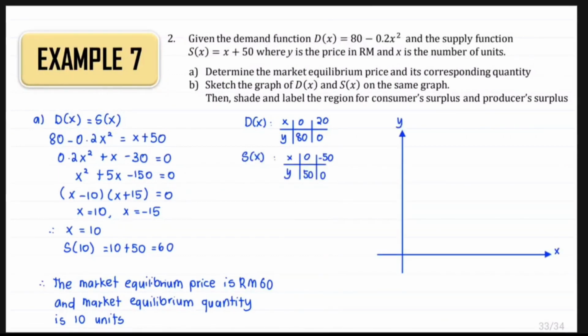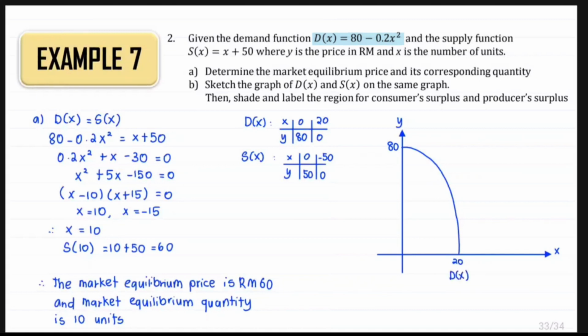And now we sketch the graph of function Dx, quadratic, on the first quadrant only. Then we label the intercept 80, 20. And this one is the graph for Dx. And next the graph for Sx. Graph Sx is positive linear, so a straight line, at y equals 50. And this one is the graph for Sx, labelled.